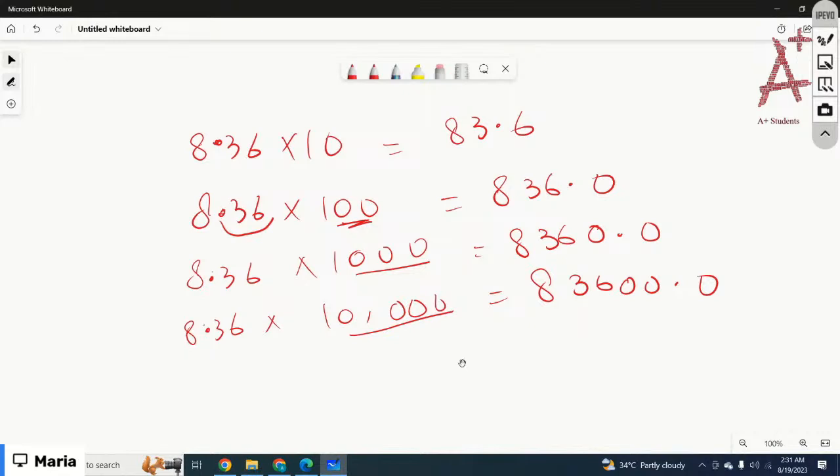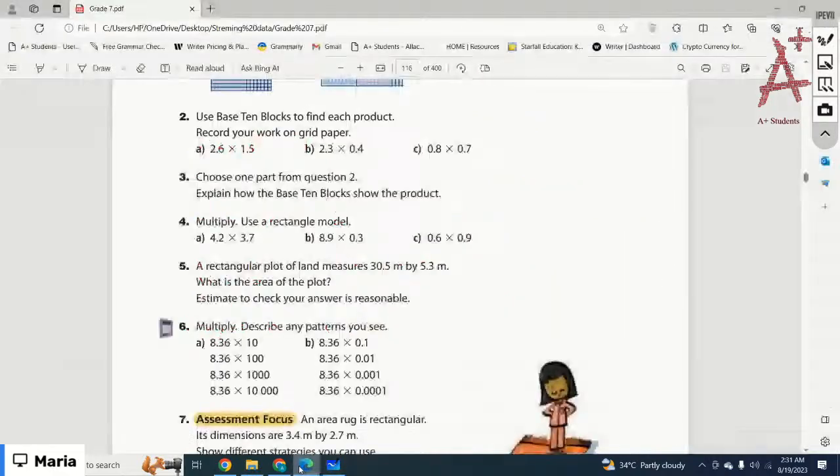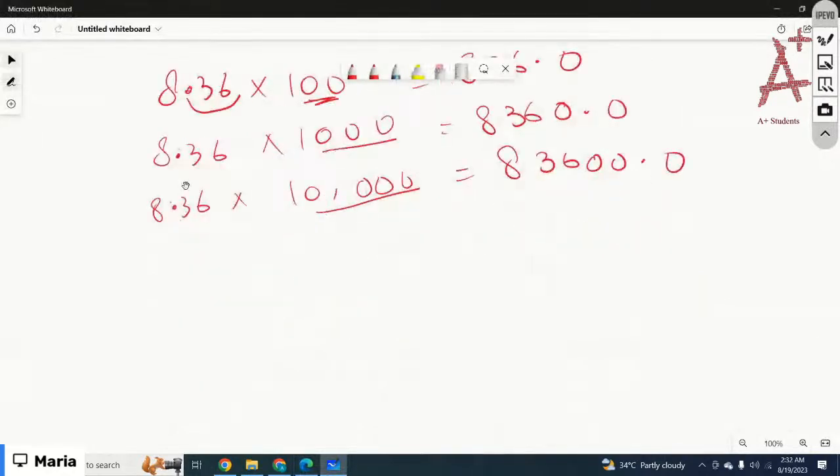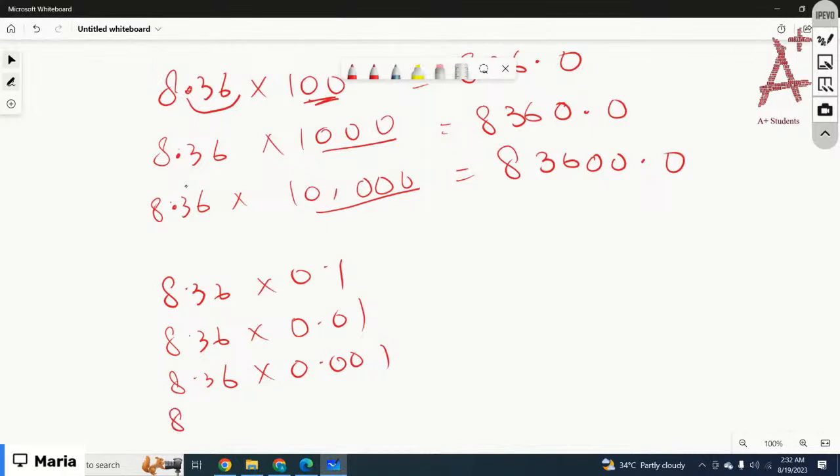And the other pattern is, okay, let me just explain the other pattern. The other one is 8.36 times 0.1, 8.36 times 0.01, 8.36 times 0.001, and 8.36 times 0.0001. Now you're multiplying with 0.1, right? So the decimal point is moving from here to here, on the left hand side.